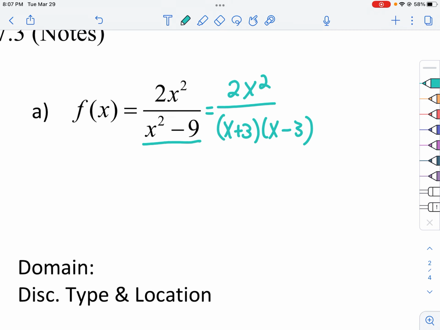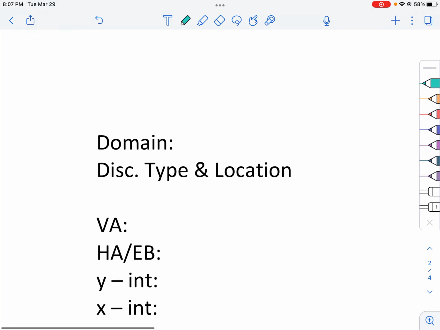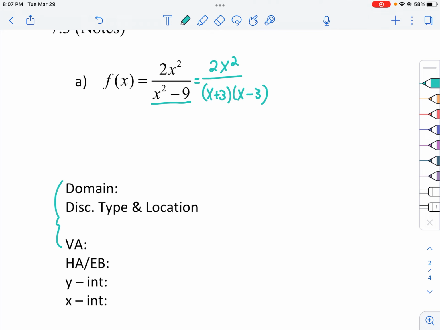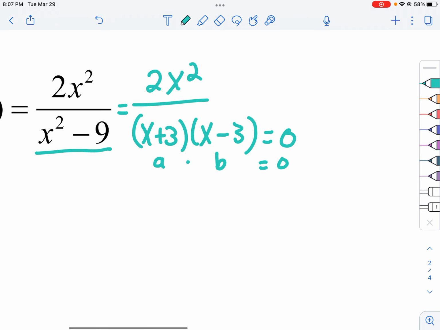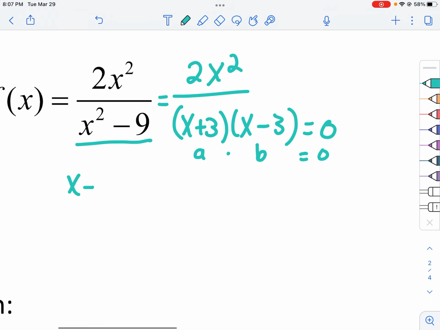But factor it first, because what we want to do is find the vertical asymptote. And again, to find the vertical asymptote, we set the denominator equal to 0. Well, when you have two things multiplied together and equal to 0, that means if A was 0 or B was 0, the whole thing would be 0. So that means we need to individually set each of those factors equal to 0.